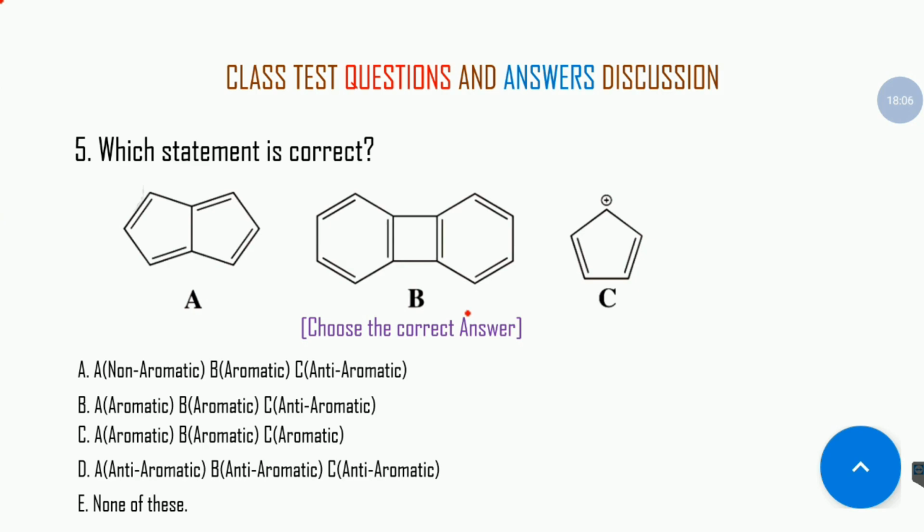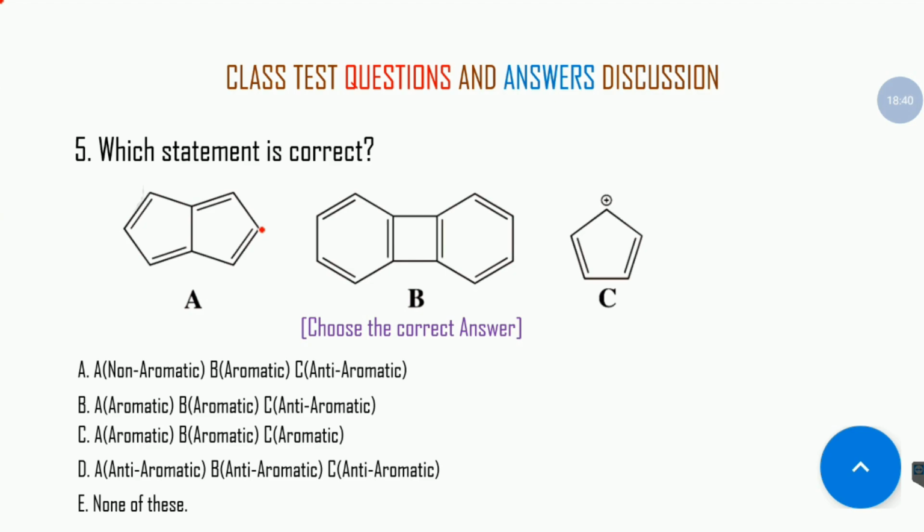Now all three are cyclic compounds, all are planar, all have conjugation. So we have to check the Huckel formula, the number of pi electrons in each compound. Compound A has 4 pi bonds, that means 4 into 2, that is 8 pi electrons.